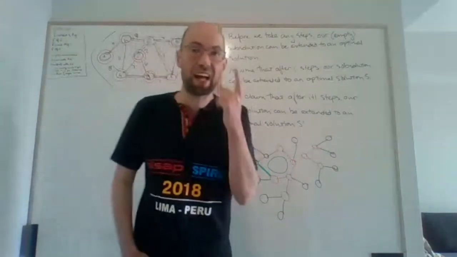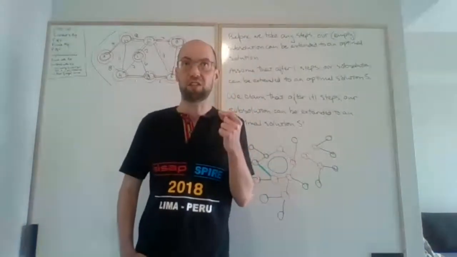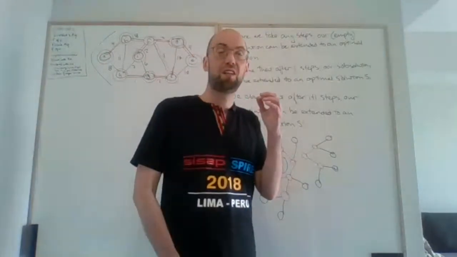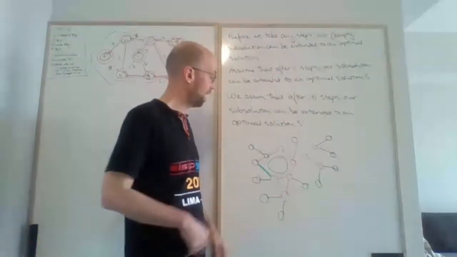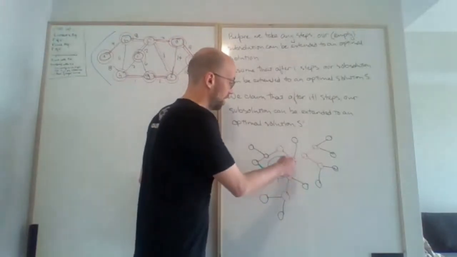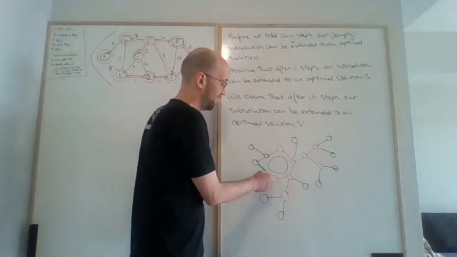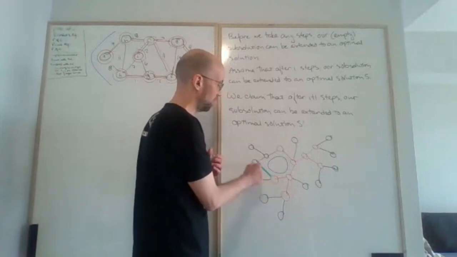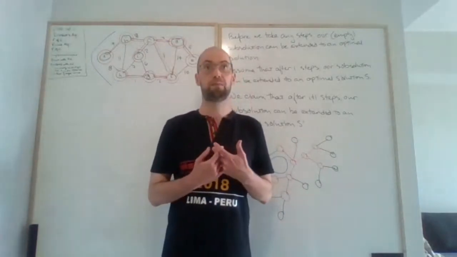Okay, but now I think I asked this on a quiz in the fall semester, which was very cruel. But we can say there has to be some black edge on the cycle that is not cheaper, that is at least as heavy as the edge we take. Why? Because the cycle includes stuff that's not in our tree so far. So it leaves the red tree, and it's a cycle, so it has to return to the tree.